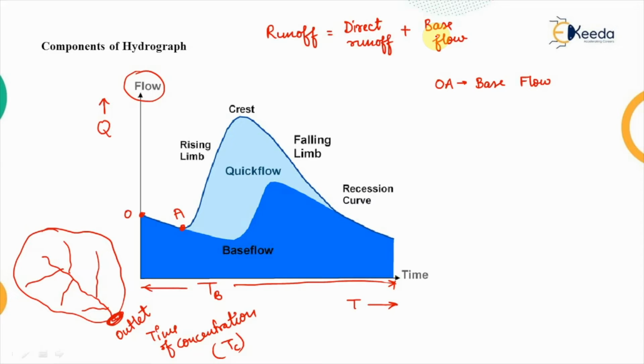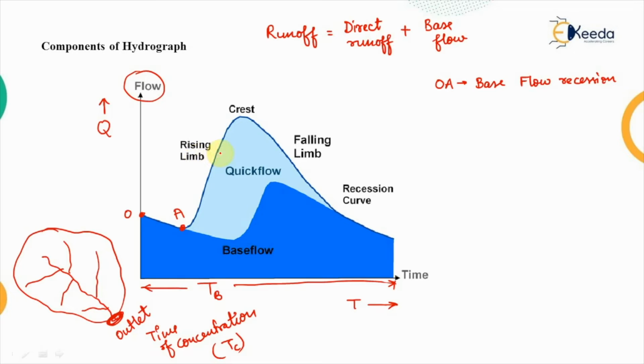So the component of these two, because ultimately the runoff will be because of these two factors. The first component is the base flow, which is reduction. So that is why this segment is known as the base flow recession.